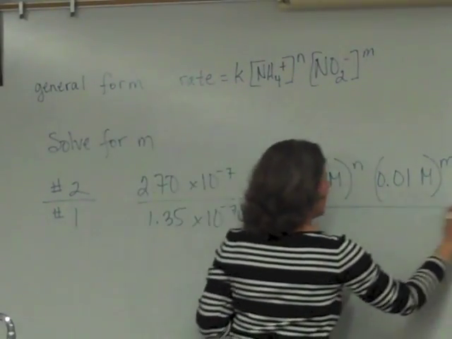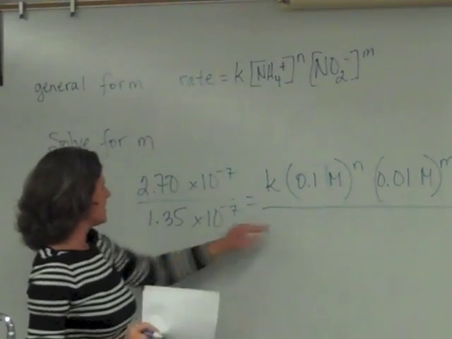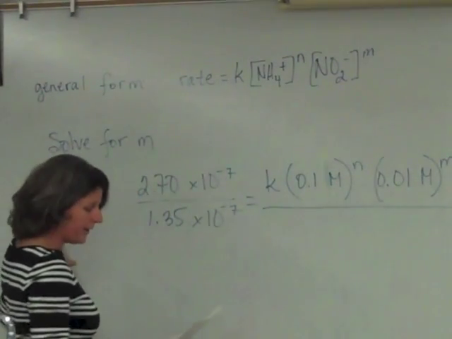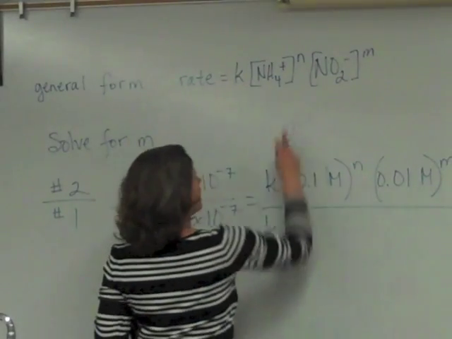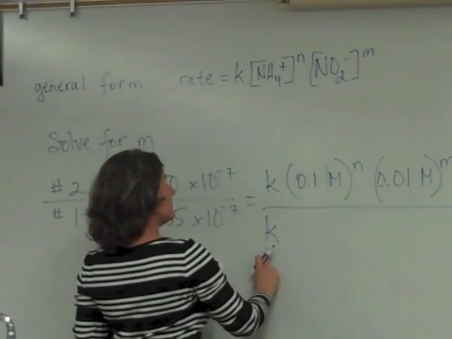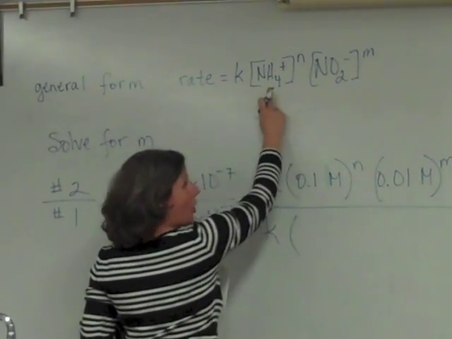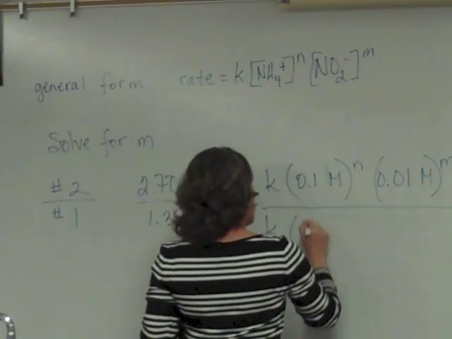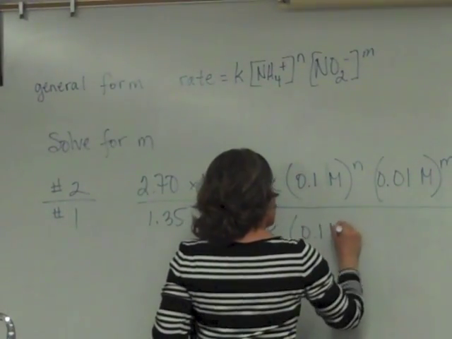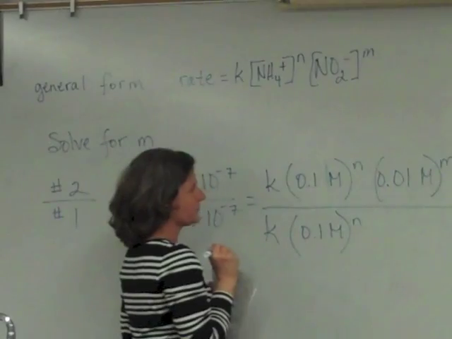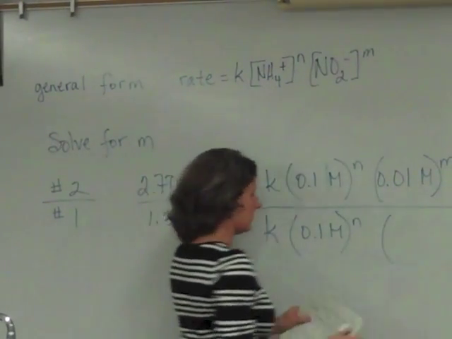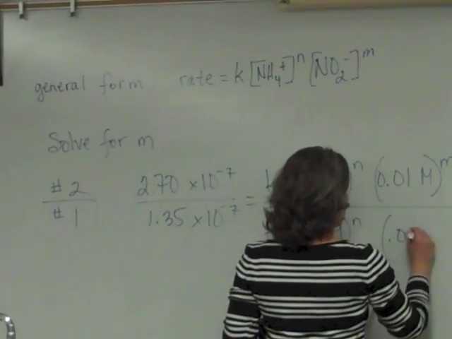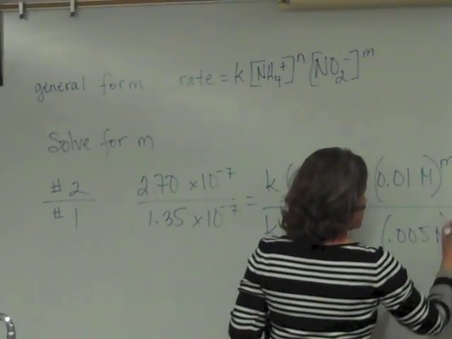Okay. Now I'm going to do exactly the same thing for experiment number 1. So it is k. Concentration of ammonium is 0.1 molar to the nth. Concentration of nitrite is 0.005 molar to the nth.